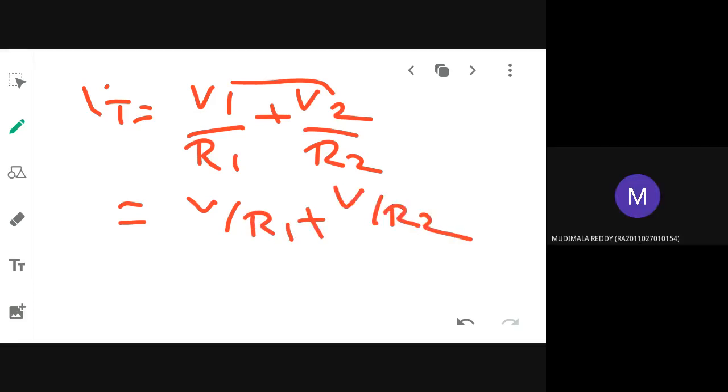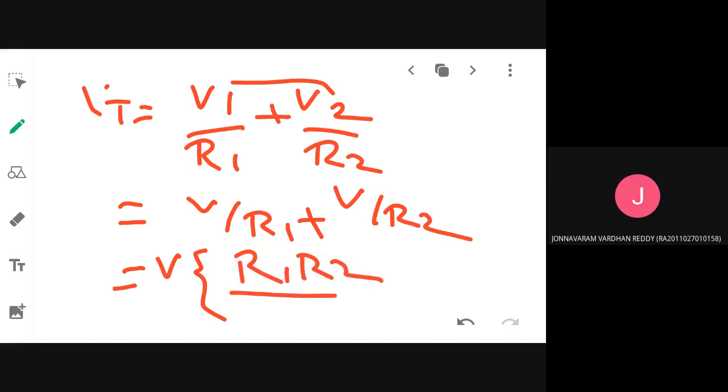If I take the common parameter and take the LCM, what will be the answer? R1 plus R2 divided by R1 R2.